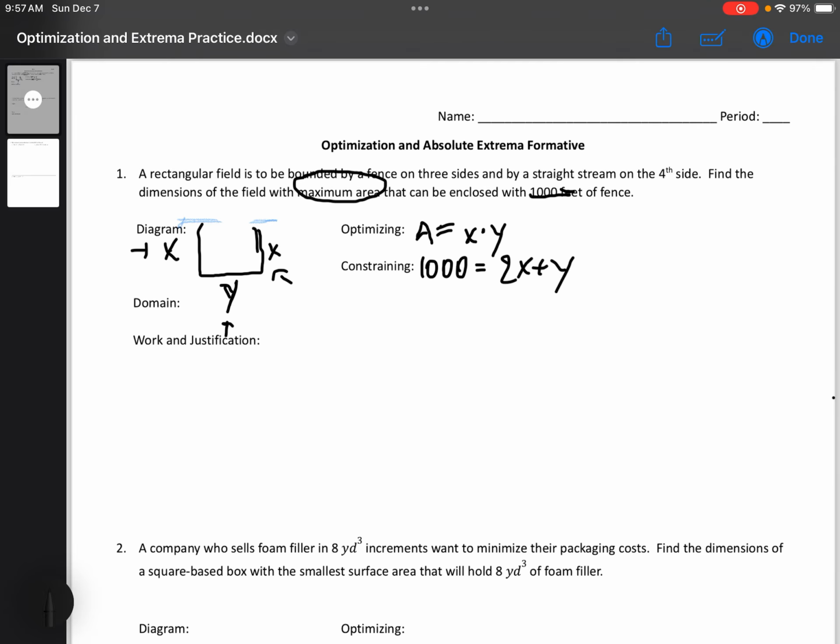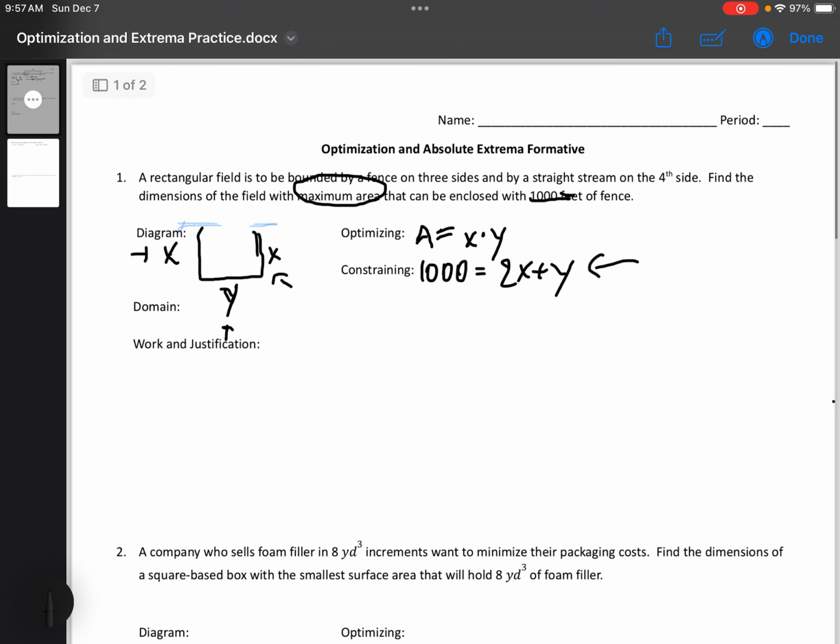To find the domain, you need to look at the constraining equation. A simple trick to remember this is that you're trying to find domain constraints, so you check the constraining equation. Next, you set both variables equal to 0. So in this case, we set x equal to 0 and y equal to 0.